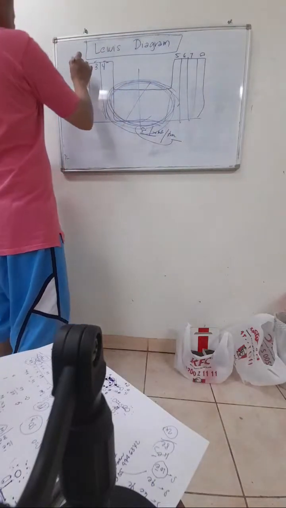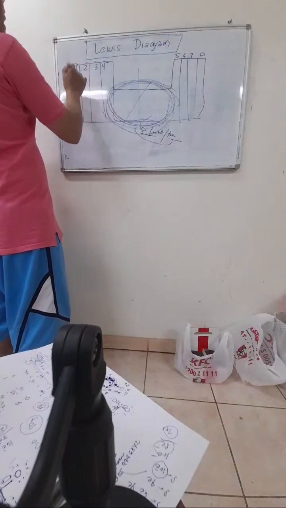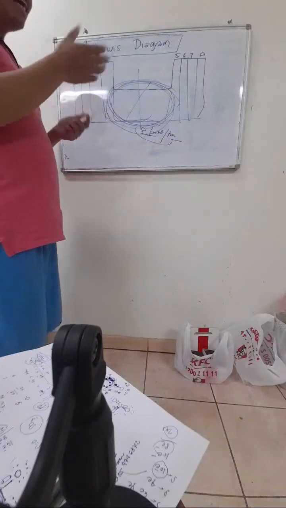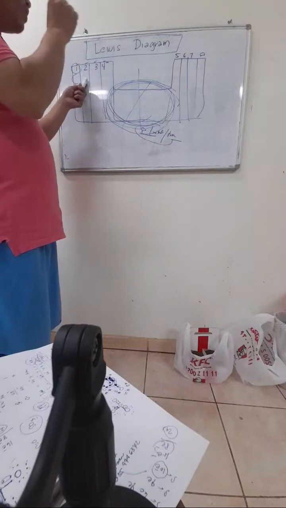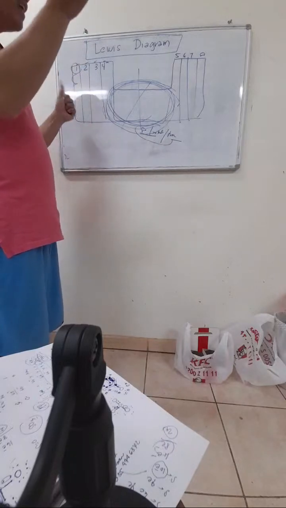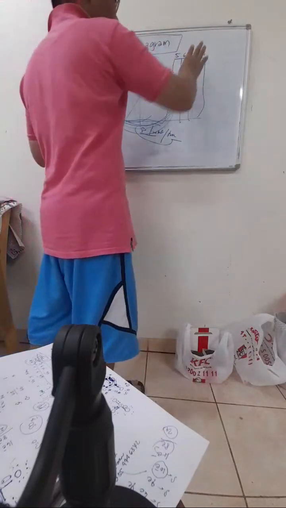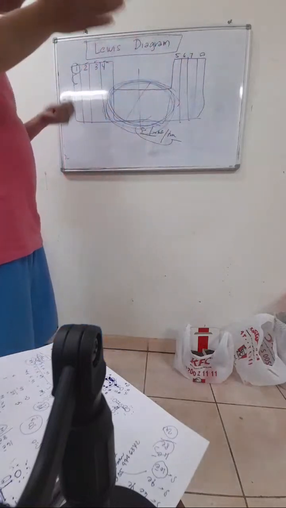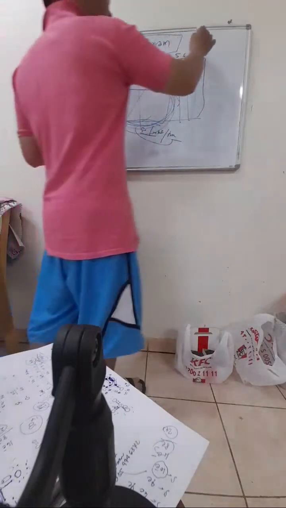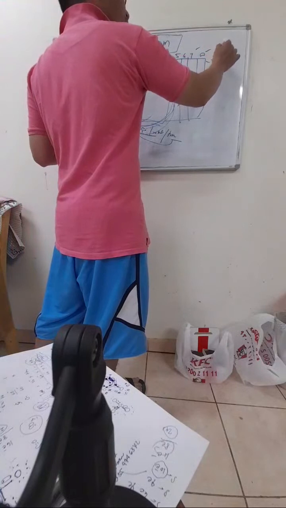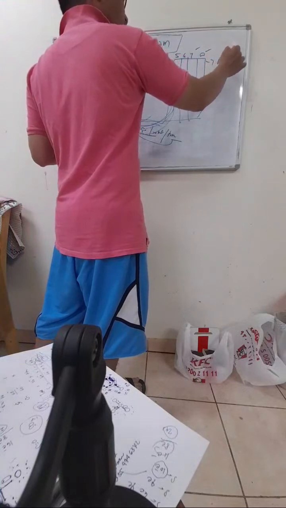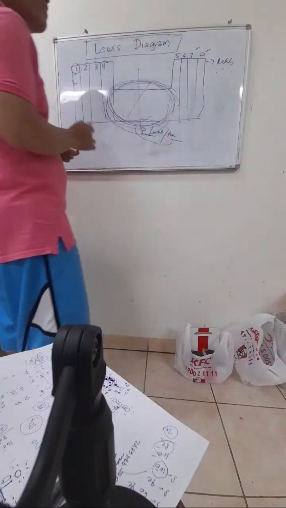Group 1 is the alkali metals. Group 2 is the alkaline earth metals. Group 7 is the halogen or halide family. Group 8 is the noble gases or inert gases. You get the point?